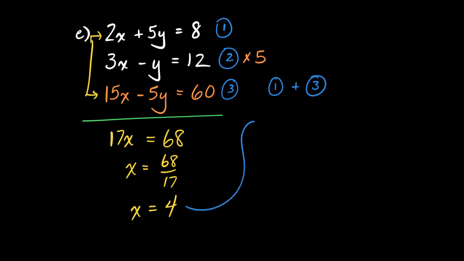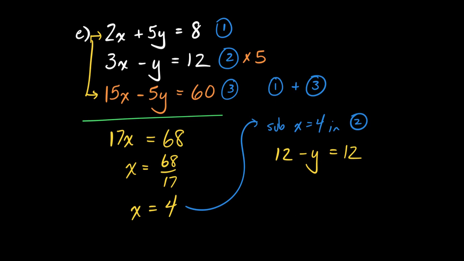So I can now go through and I can sub x equals 4 back into one of my originals. And I think the easiest one to sub that back into right now is going to be equation 2 because I have a coefficient of 1 on my y. So I can replace my x with 4. There is a 12 minus y equals 12.